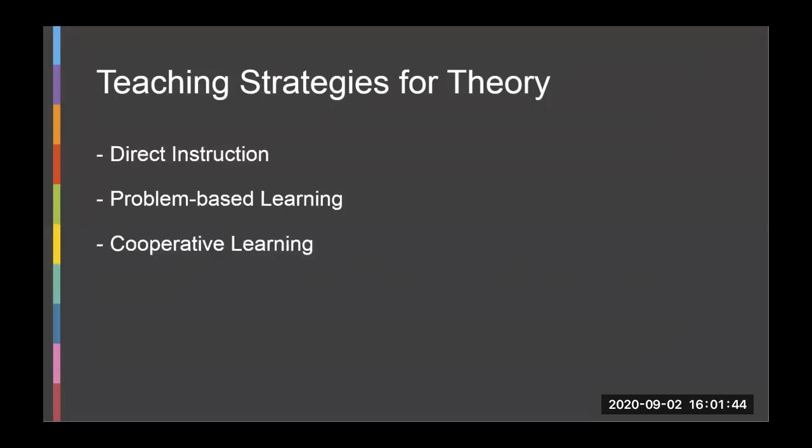And then the last one, cooperative learning, is, as the name states, the students are working together, which we will not cover in today's lecture, but in your next lecture. But it's just there so that we know the 3 main teaching strategies for theory that we will be covering are as follows, as you can see on the screen.